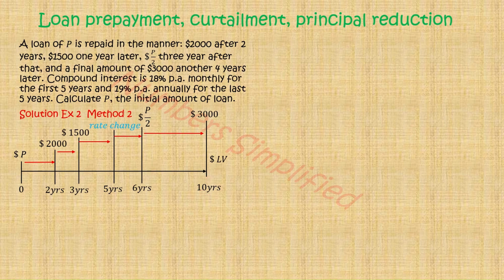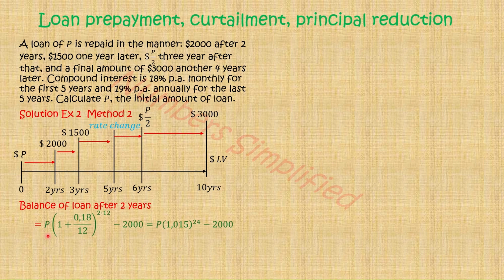Right, so the balance of the loan after 2 years, we would need to get what the value of the loan is in 2 years. So we have P at time 0. So with the loan that it accrues in the 2nd year, we are going to multiply that by 1 plus 0.18 divided by 12 raised to the power 2 times 12, because we've got 2 years and we've got 12 periods within a year.